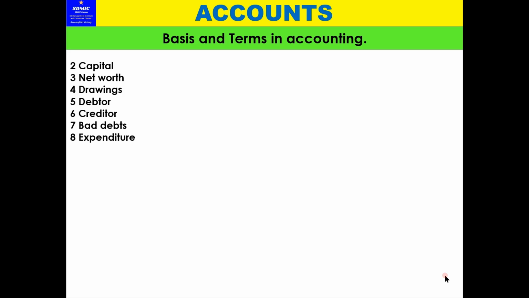Whereas funds invested by more than one owner means it is a partnership firm. Funds invested by the partners are called the partnership capital account. Whereas in private limited or limited corporate companies, it is the shareholders' fund. Shareholders invest money into the business, that is called capital, equity capital.